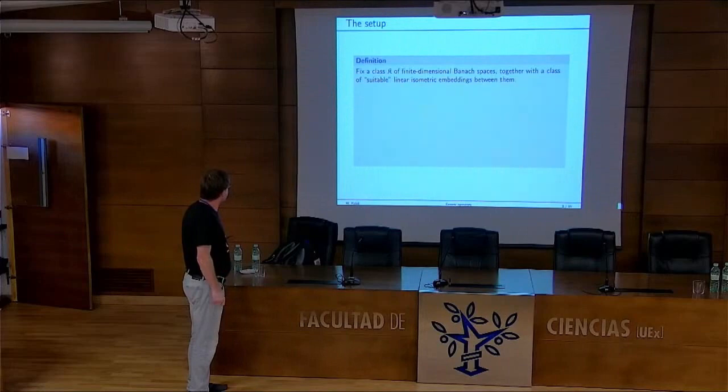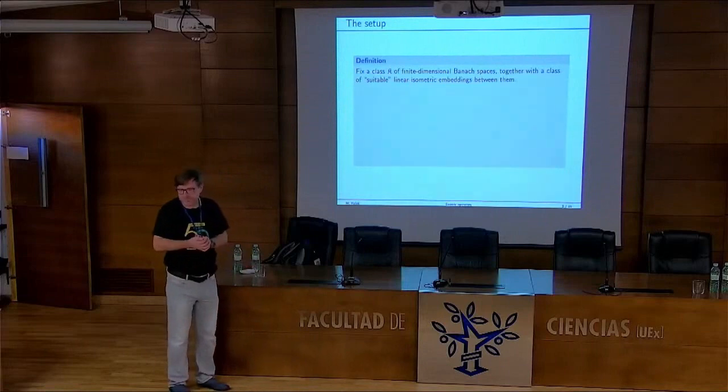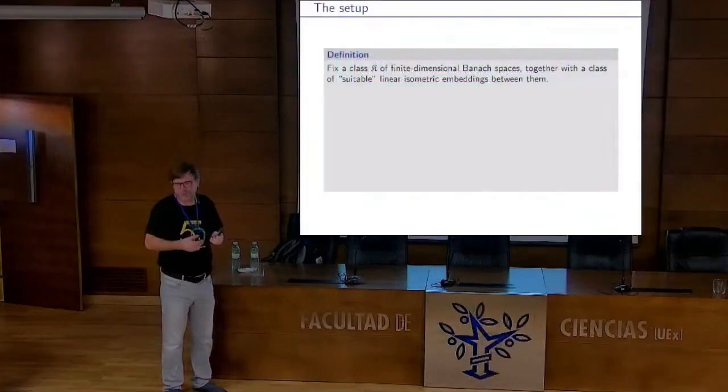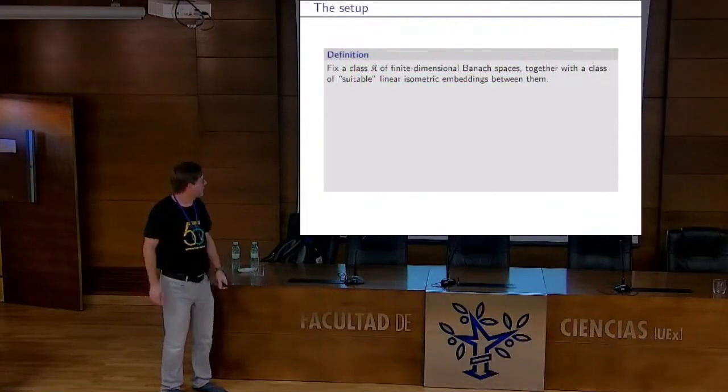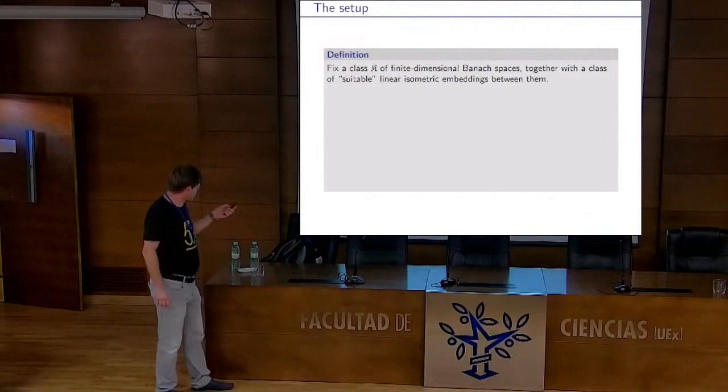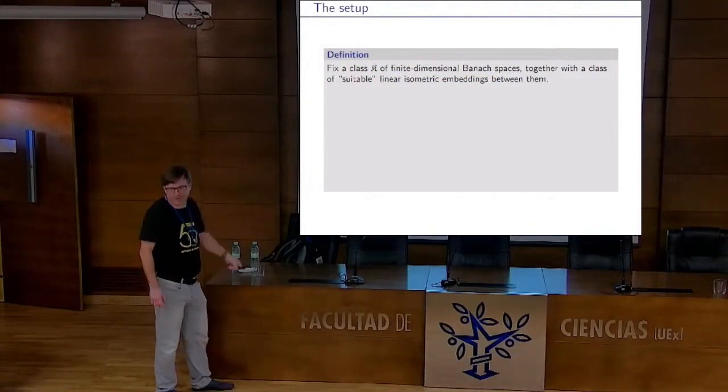Now, I started with hiding category theory, but this K, Gothic K, is nothing but a category of finite dimensional Banach spaces, with certain isometric embeddings.